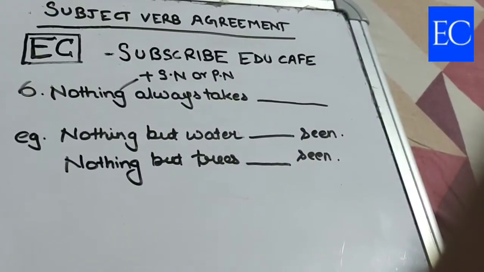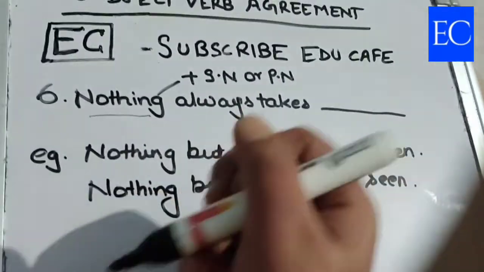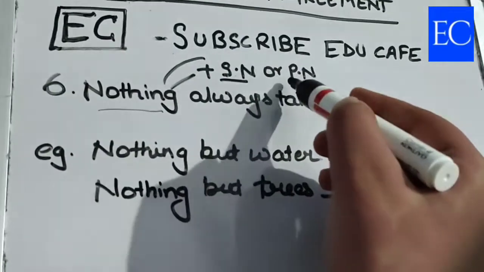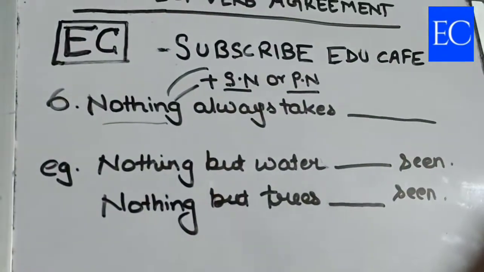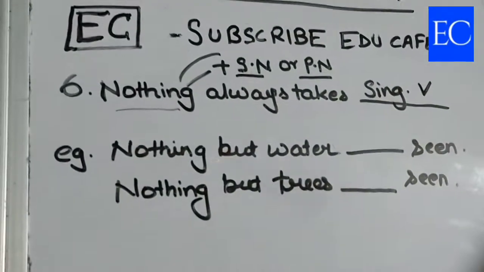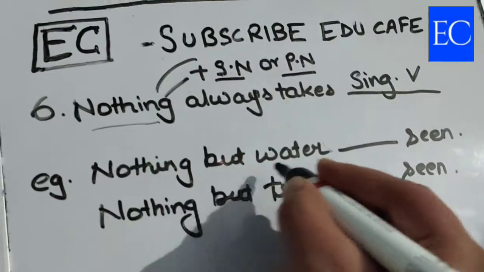The sixth rule of subject-verb agreement states that if there is nothing at the starting of the sentence, either followed by a singular noun, denoted by SN, or a plural noun, denoted by PN, it will always take a singular verb. Here are some exercises as examples. Nothing but water.